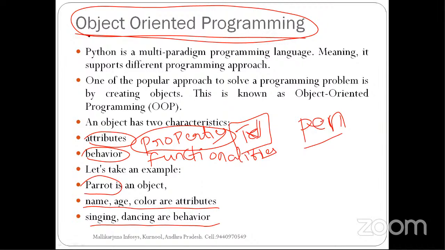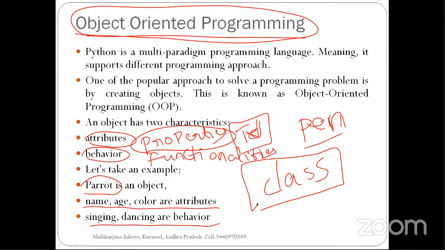That's the main reason. When it comes to object-oriented programming, this programming can be done with the help of classes. There is a topic called class. With the help of class, we can implement object-oriented programming. We can find different types of object-oriented programming languages.